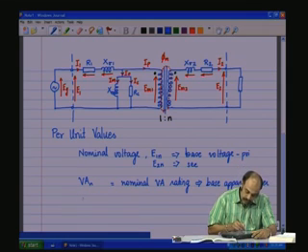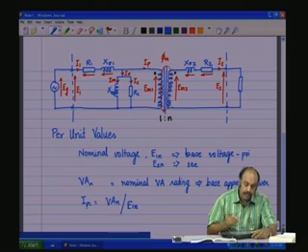And therefore, from this the nominal current is nothing but the VA nominal by E1 nominal if it is the primary.